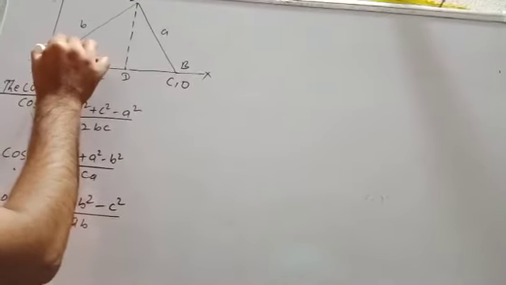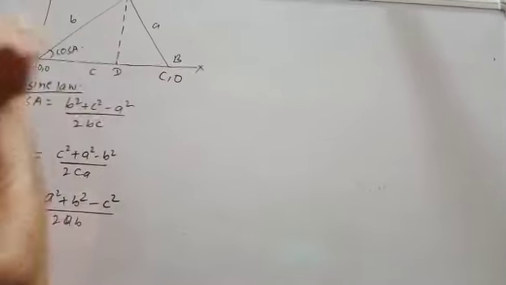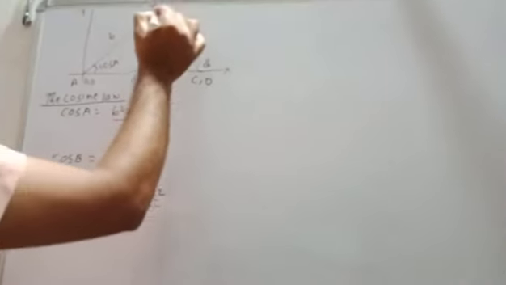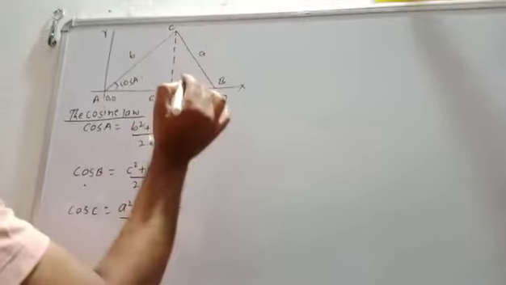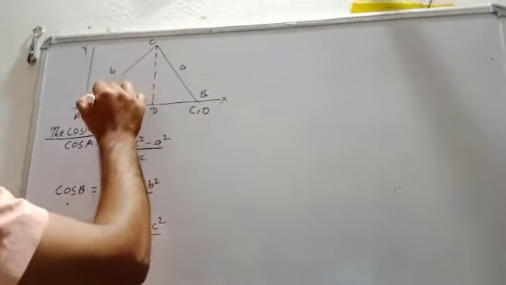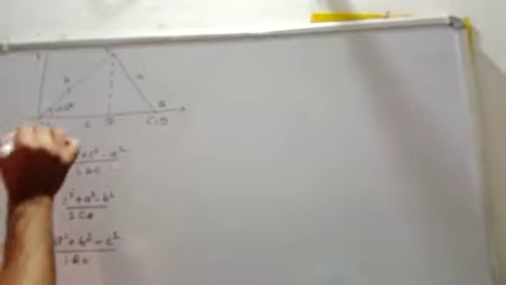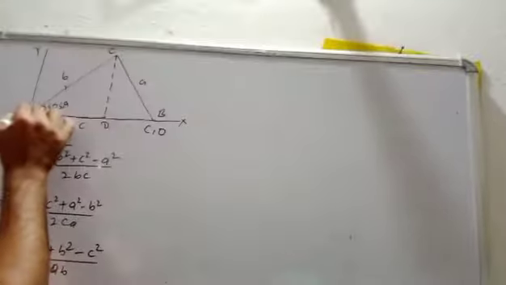Here is angle A. To introduce the coordinates of C, we use that cos A and that side b. By using this side and this cos, we can find AD.